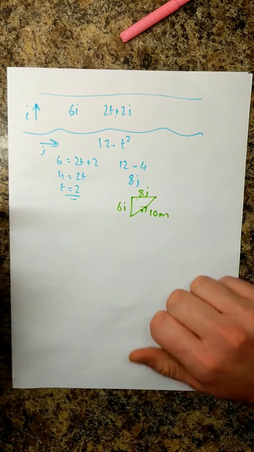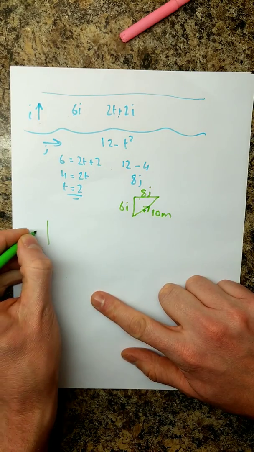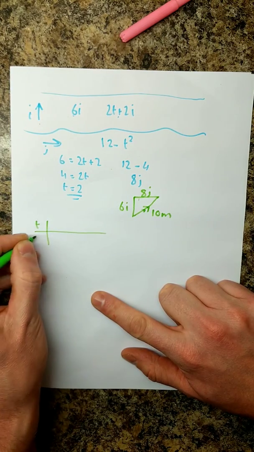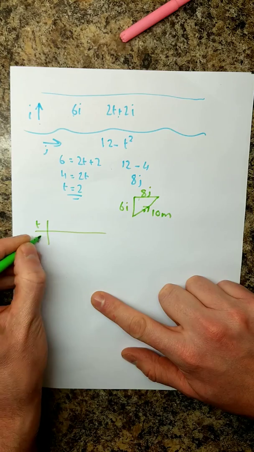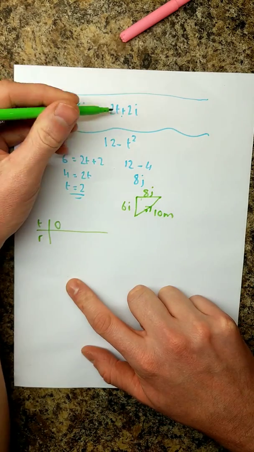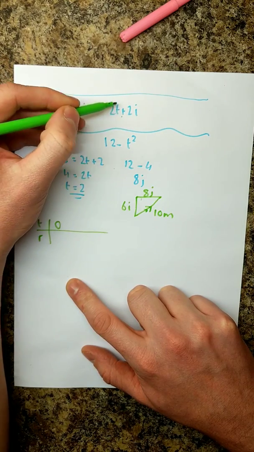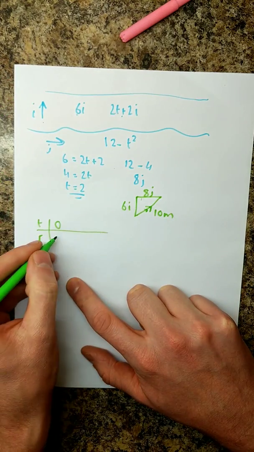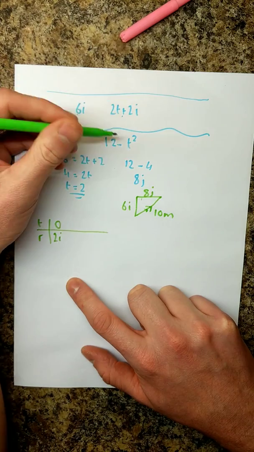Part 2 asks for a sketch going between 0 and 3. So time, and it's wanting the position. Remember, r stands for the position. If I put 0 in, the position in the i direction, 2 times nothing is nothing, so we just get 2 in the i direction.